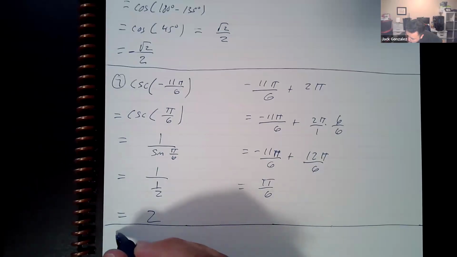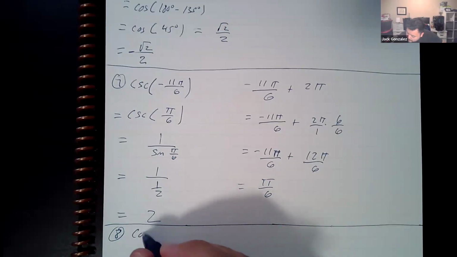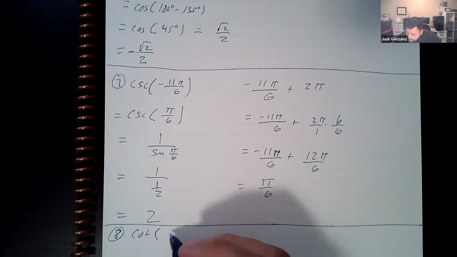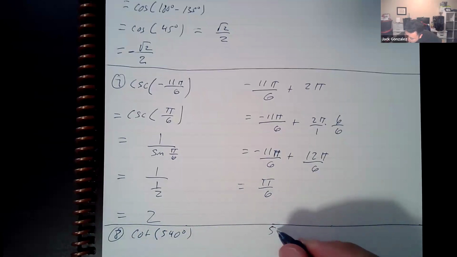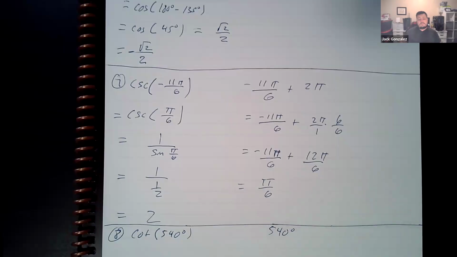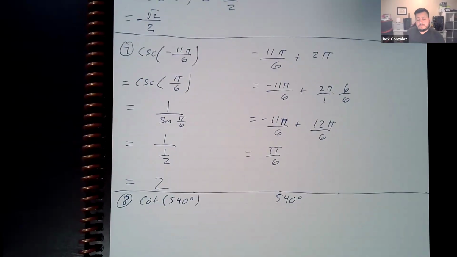Alrighty, let's do number 8. I think it might fit in here. Cotangent of 540. So 540 is clearly more than one circle, right, around the unit circle.